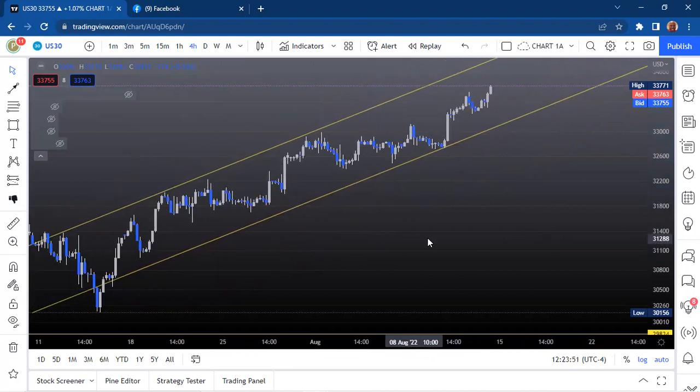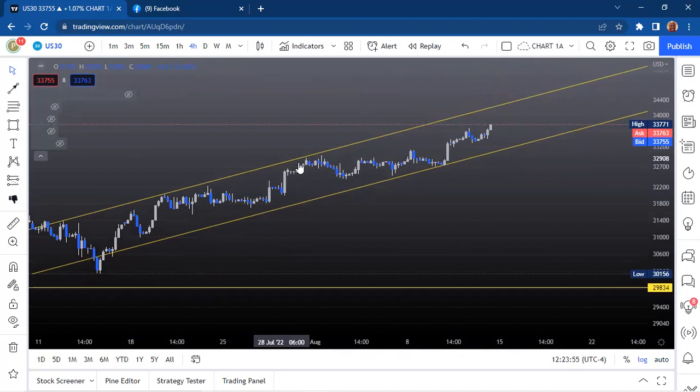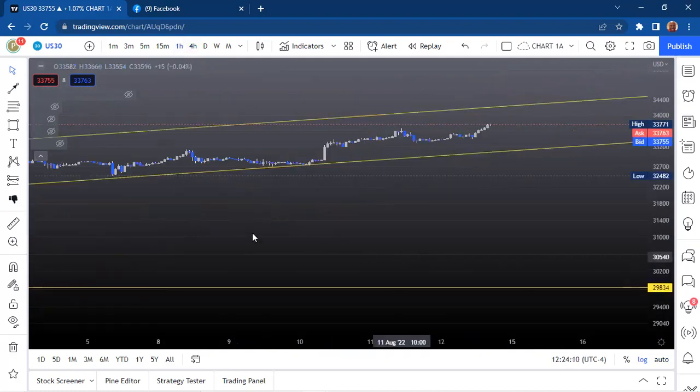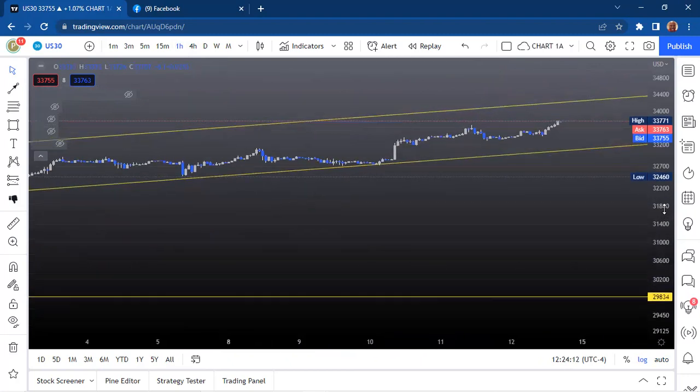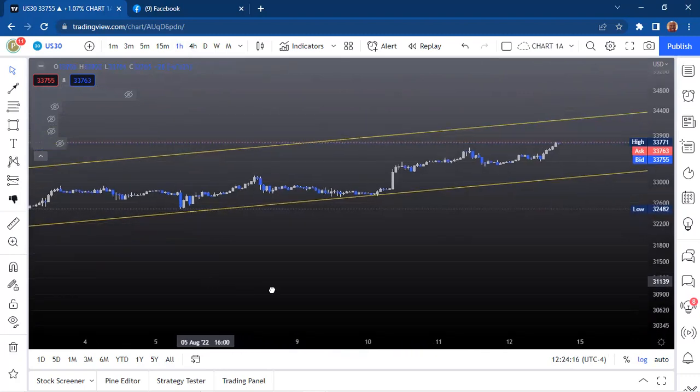We know the market is staying within these two lines, right? But yet it's trending upward, right? So everything is in agreement, the monthly, the weekly, the daily. Okay. Now we're in the 4-hour. Let's look at the 1-hour. Same thing's going on. So, we want to stay within this channel.